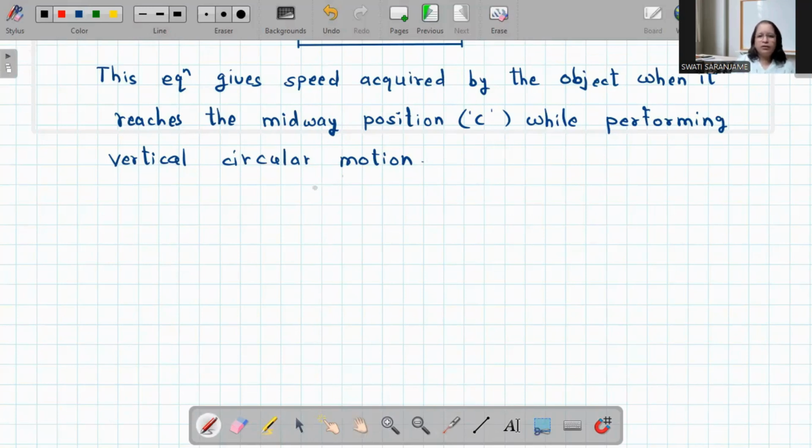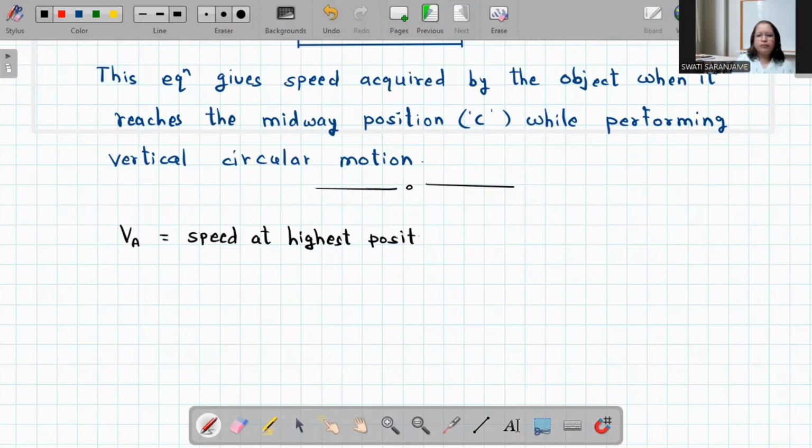To have a summary of these three formulae, VA is the speed at highest position, given by the formula we have derived, under root RG.